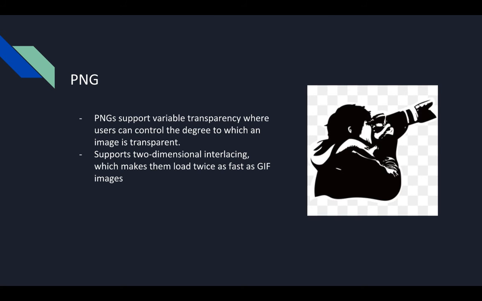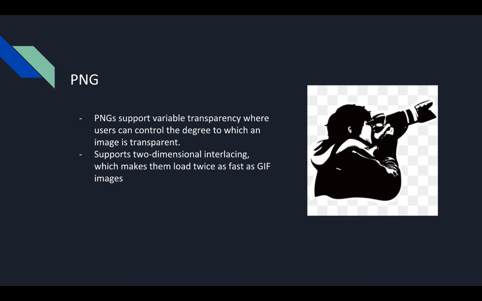And PNGs are lossless, so they will not lose quality when you edit them or save them. And a major feature of a PNG is that they can be transparent. So you can have an image and cut out the background and then import it onto another image without having the background color.